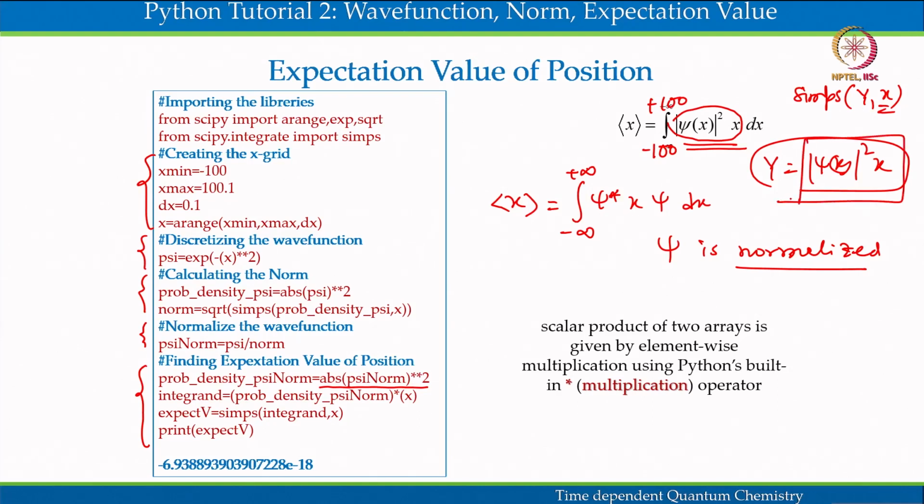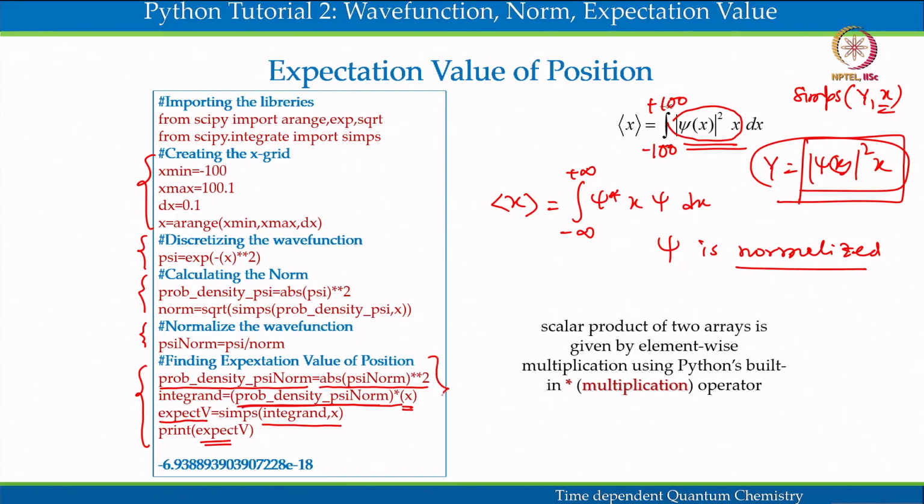So what we have done here is this probability density will be multiplied by x. We get the integrand, and then the expectation value is going to give me the integration part, where y is this entire integrand, and then we'll print the expectation value for this.